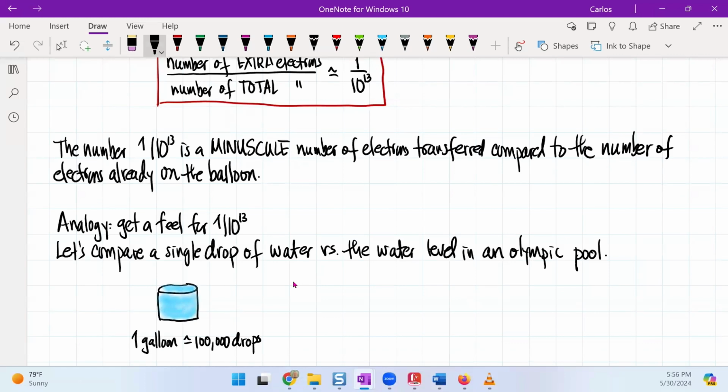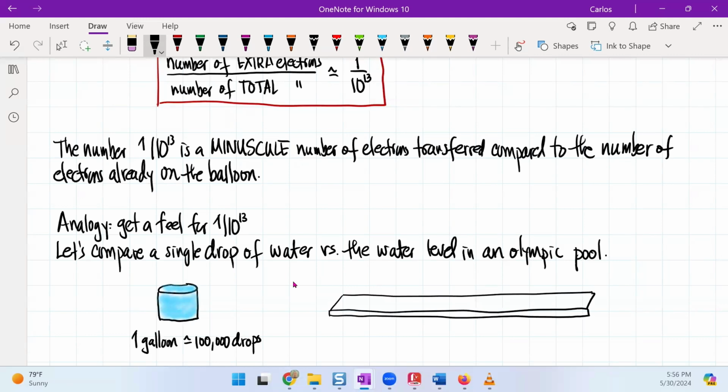So it depends on the size of the drops. Now, on the other hand, we have an Olympic pool. And of course, the Olympic pool is gigantic, right? We have a huge pool. So when I'm thinking about this Olympic pool here, we know that it's ginormous. So here I had to look this up, but here's what we find.